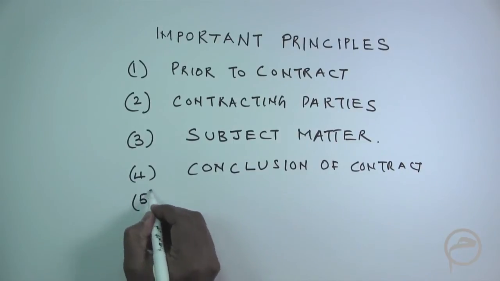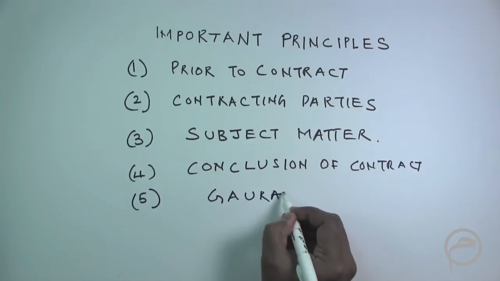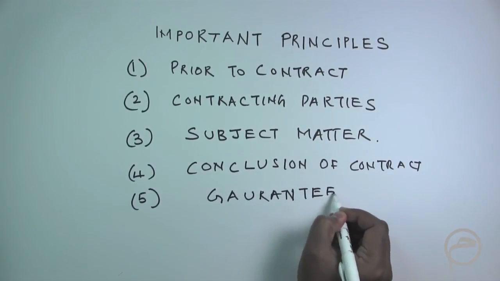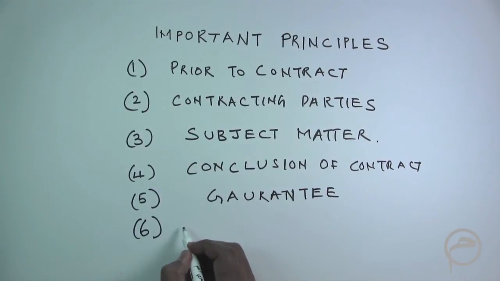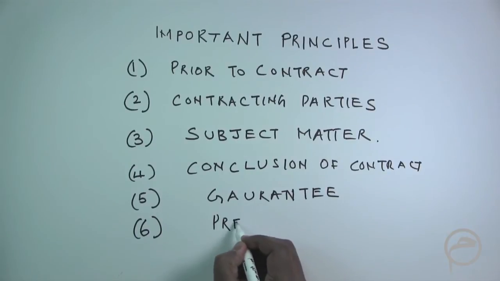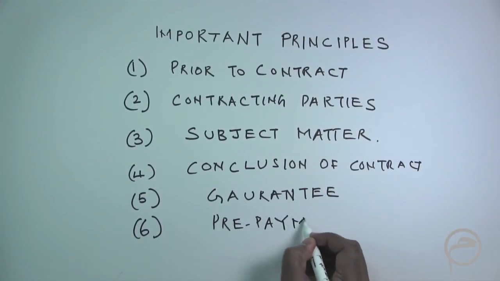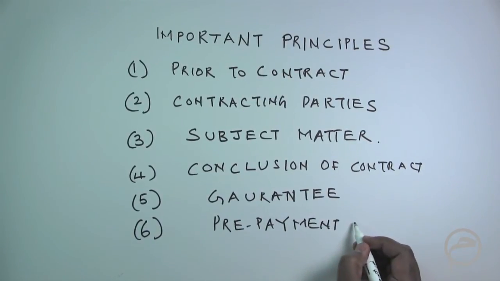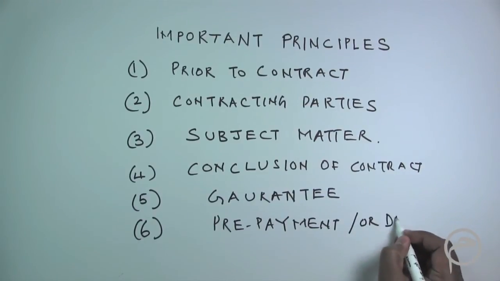Number five is, for example, guarantee. And number six is prepayment or default.